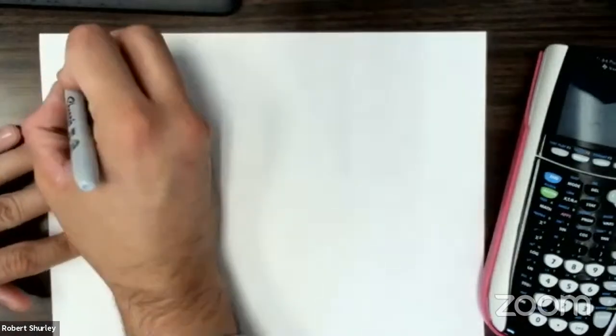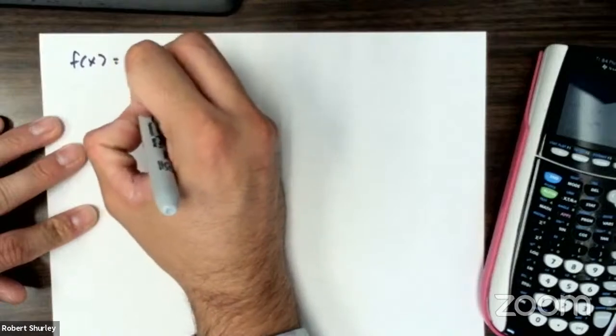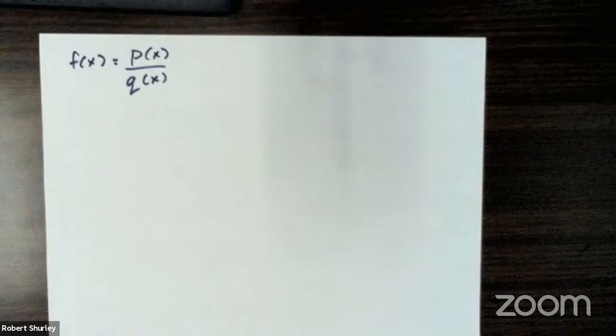So let's go back. I'm going to make the rule. f of x equals, remember, p of x over q of x. That was at the very beginning of the lecture: all rational functions are p of x over q of x.